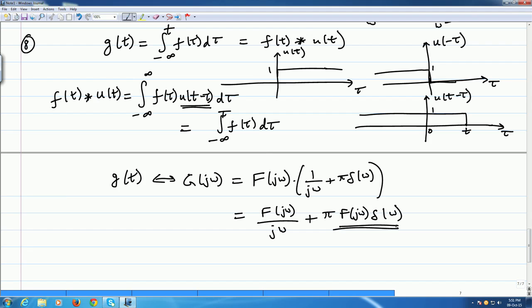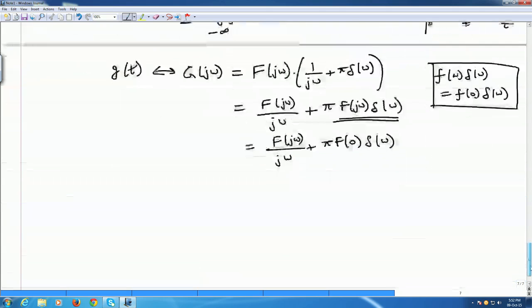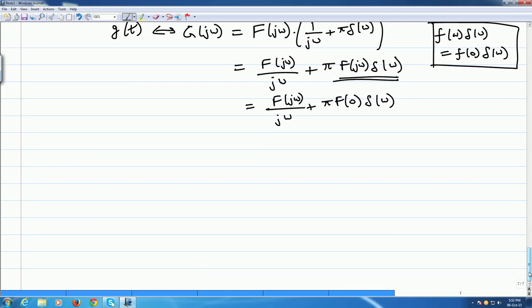But what is f of j omega delta of omega? We know this formula that f of omega delta of omega is the same as f of 0 delta of omega. So, you use that formula here, you get f of j omega by j omega plus pi f of 0 times delta of omega. So, that is the solution for the 8th question.